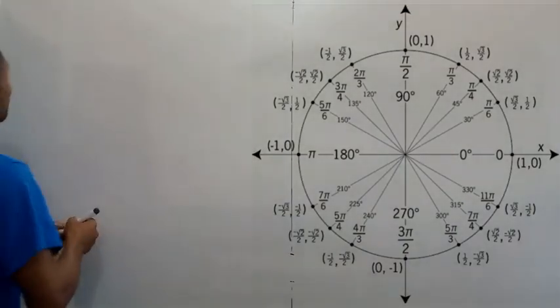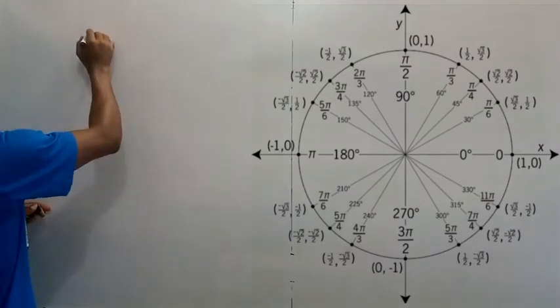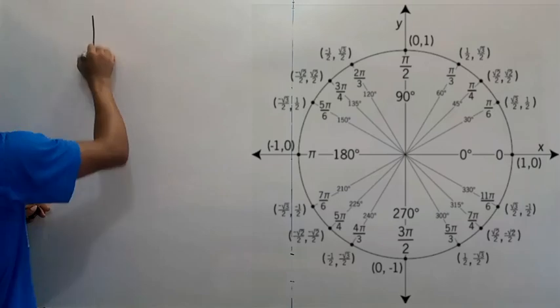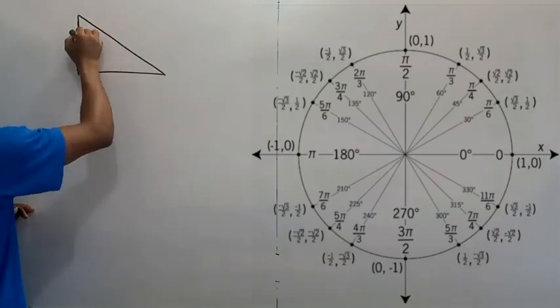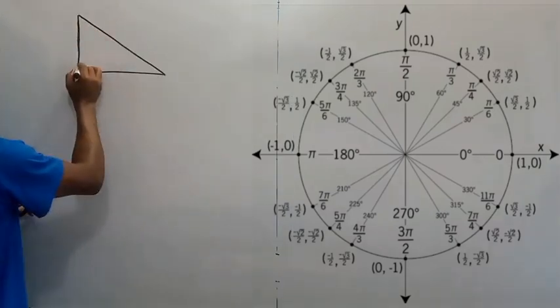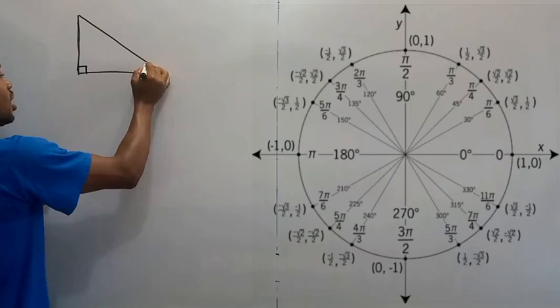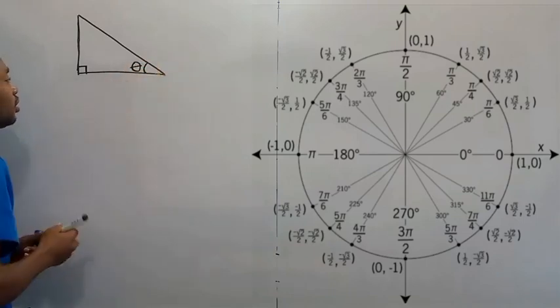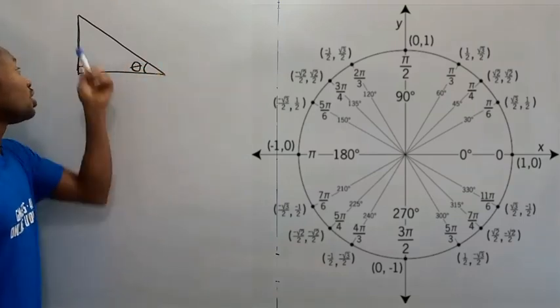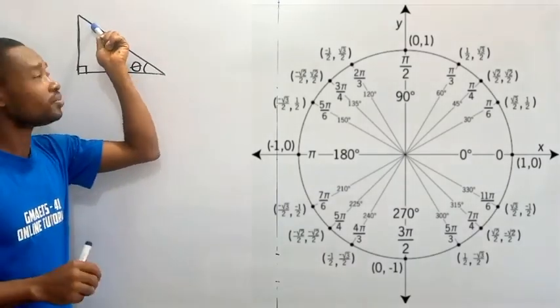To start with, I would like you to take a look at this right angle triangle. And this is 90 degrees. Let me assume that I have an angle fixed here. By the way, the angle can also be fixed here, it doesn't matter.